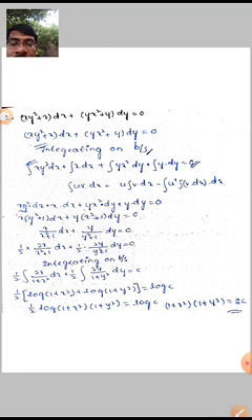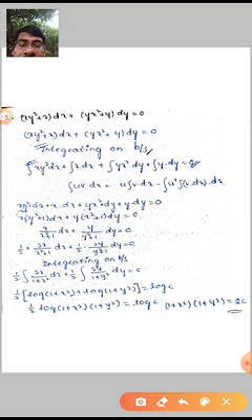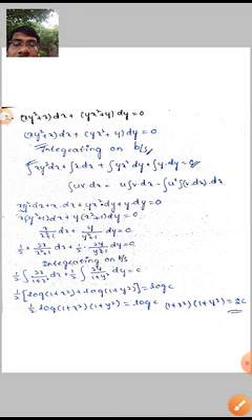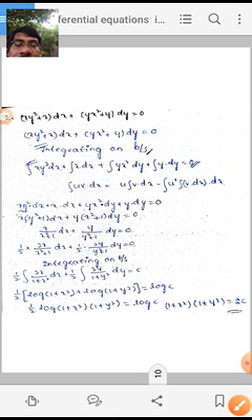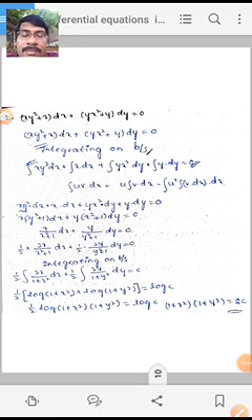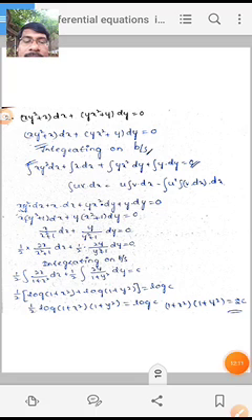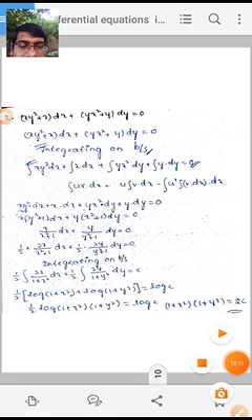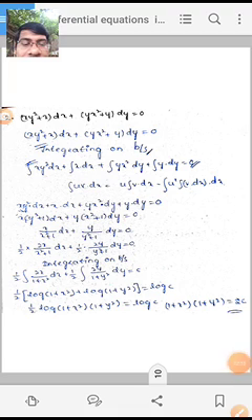This is 1 by 2 of integration, which is log of (1 plus x square) plus log of (1 plus y square) equal to log c. Here 1 by 2 log of (1 plus x square)(1 plus y square) is equal to log c. Here we are getting (1 plus x square)(1 plus y square) equal to 2c.